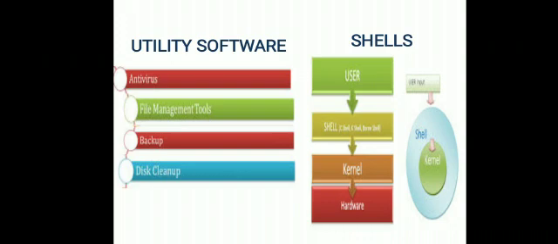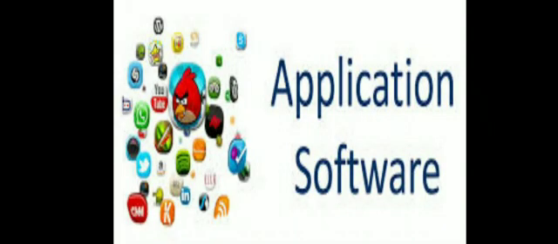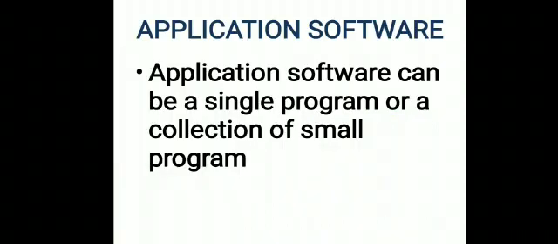Now in this lesson number 3 we are going to study about application software. Children, what is application software? Application software can be a single program or a collection of small programs.